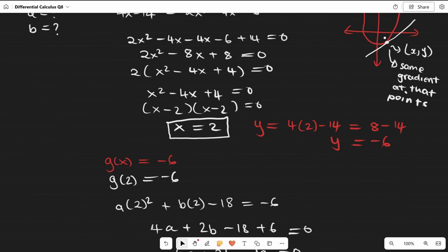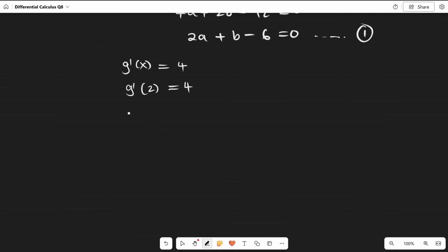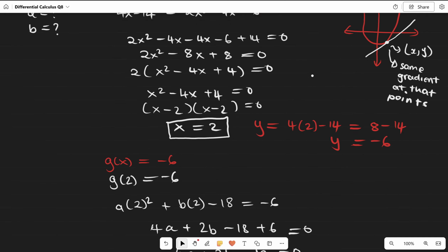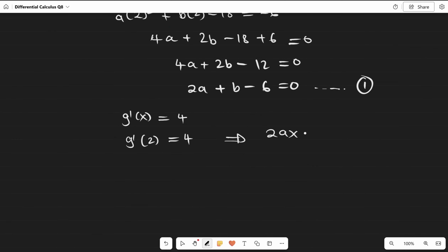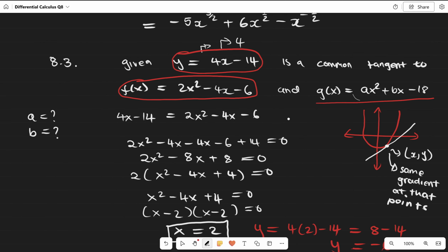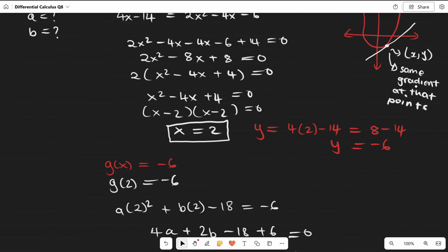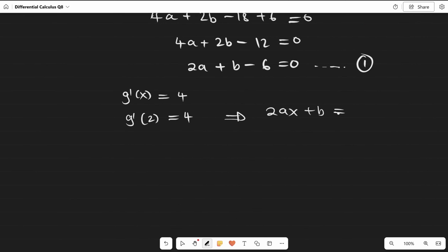So that is 2ax plus b is equal to, because we have negative 18, if we derive that, that's 0. So this is equal to 0, right? Therefore we know that we're evaluating this at 2. So this is 2 multiplied by 2, which is 4a plus b.